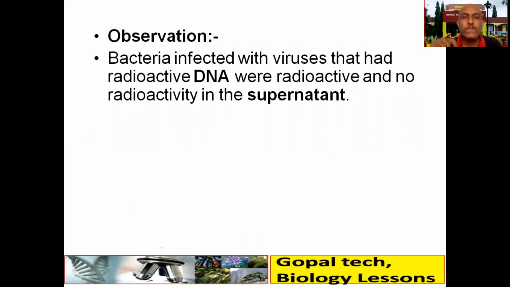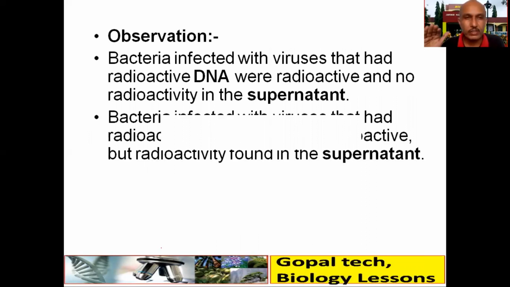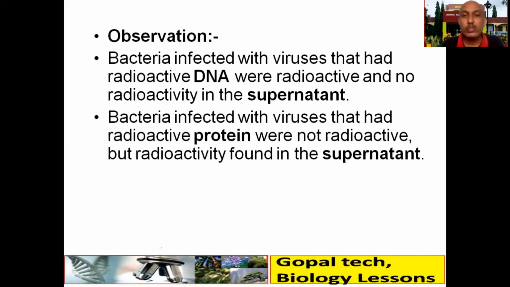What is the observation? Bacteria infected with viruses that had radioactive DNA were radioactive, with no radioactivity in the supernatant. Bacteria infected with viruses that had radioactive protein, that is S35, were not radioactive, but radioactivity was found in the supernatant.